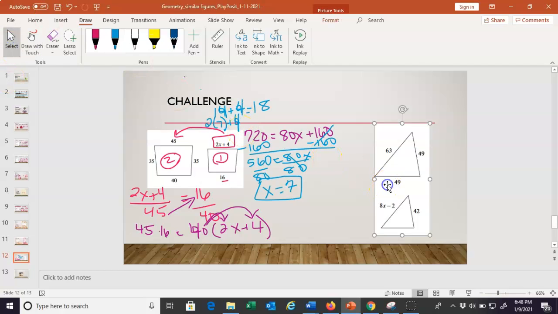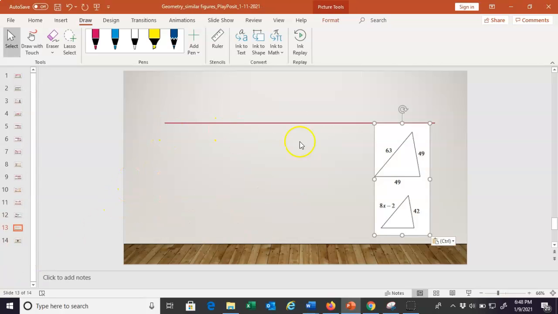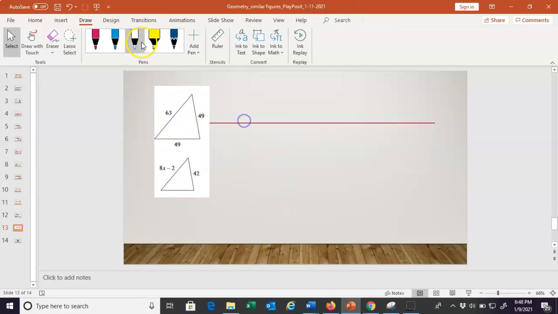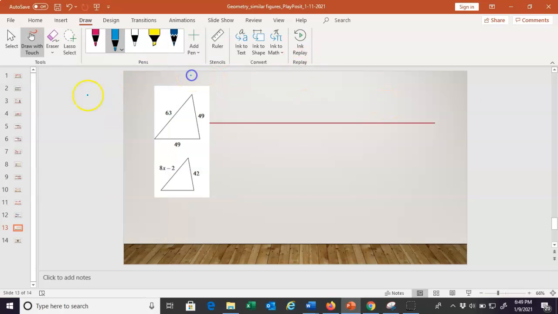All right, let's do this last one. And I'm going to, because I can very easily, I'm just going to put it on a new screen so I have lots of space. You guys should hopefully have enough space on your paper. If not, you can grab more paper. Okay. So here we have the expression 8x minus 2, and we'll put that over the 63. And then we'll use 42 and 49.